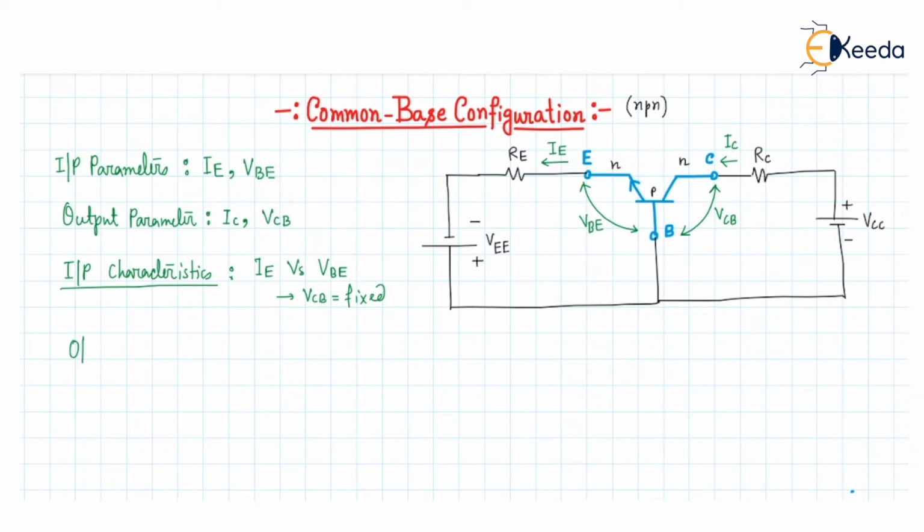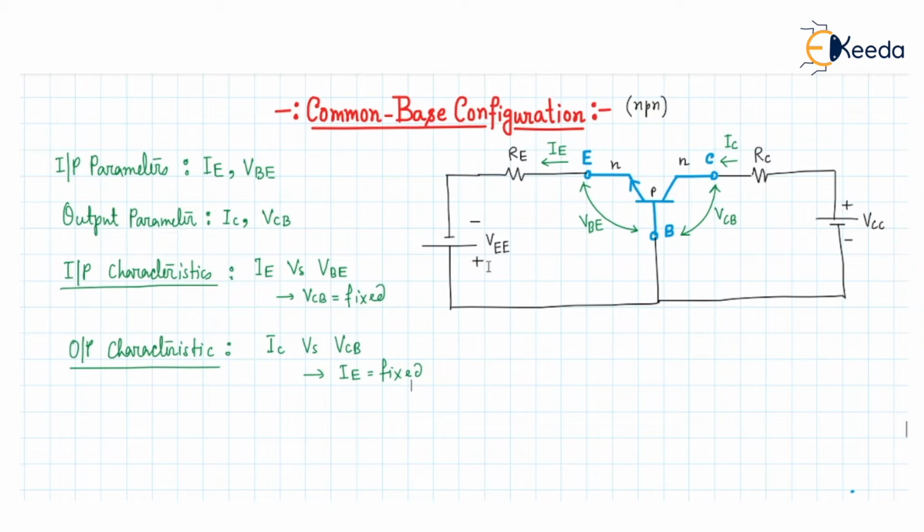Similarly, the output characteristics for the common base connection will be IC versus VCB when the input current, that is the IE, is fixed. So let us see the input characteristics.